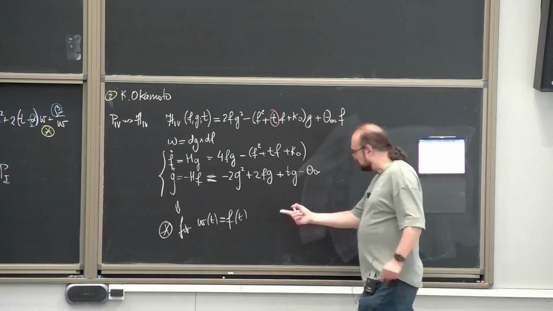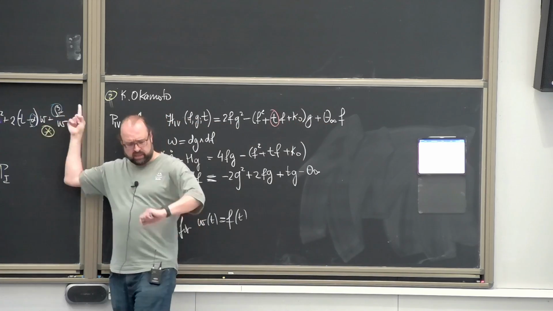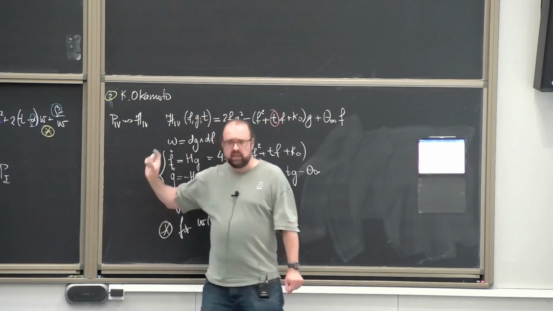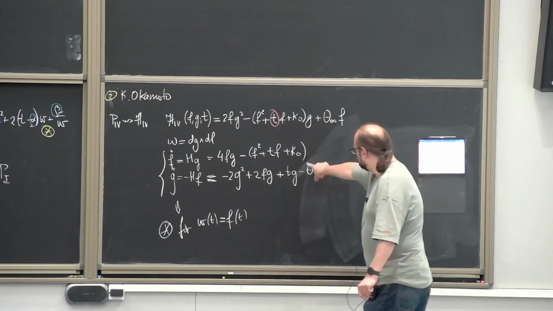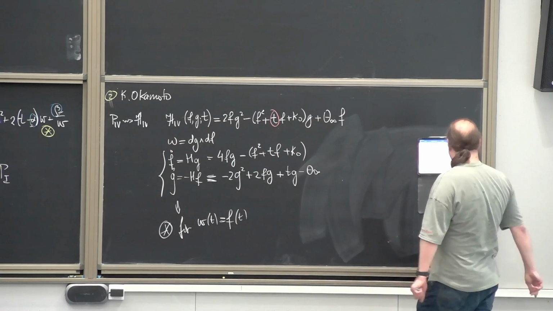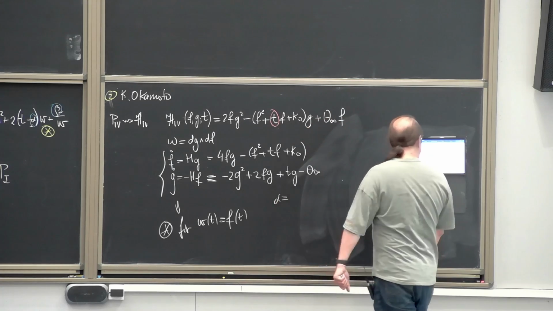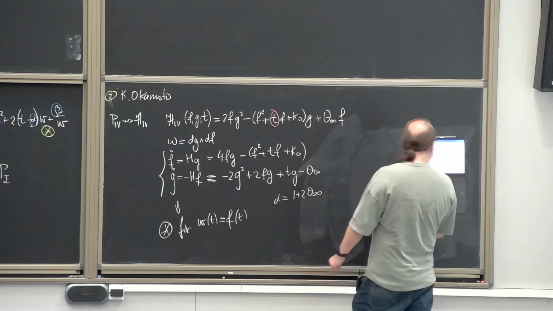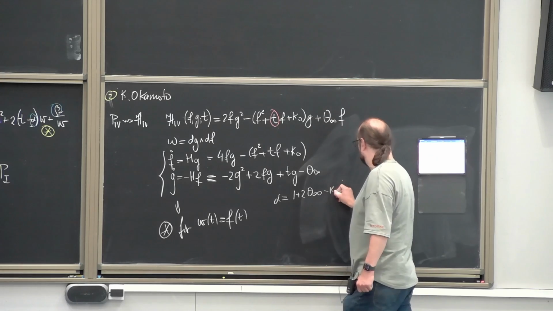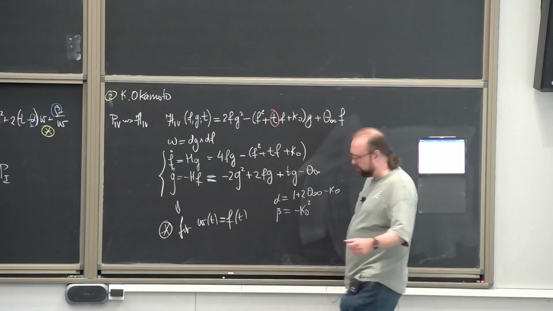Notice that here I used parameters alpha and beta, which are standard parameters for this standard form of Painlevé-IV, and here I used kappa naught and theta infinity. They're related, of course: alpha is 1 plus 2 theta infinity minus kappa naught, and beta is minus kappa naught squared.